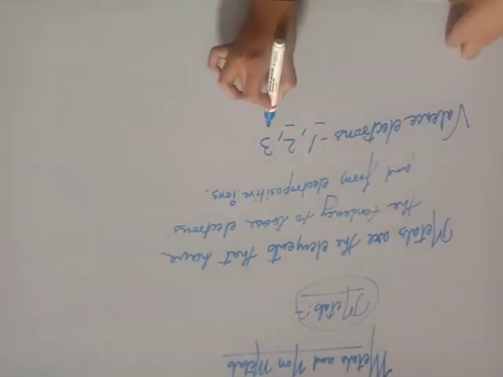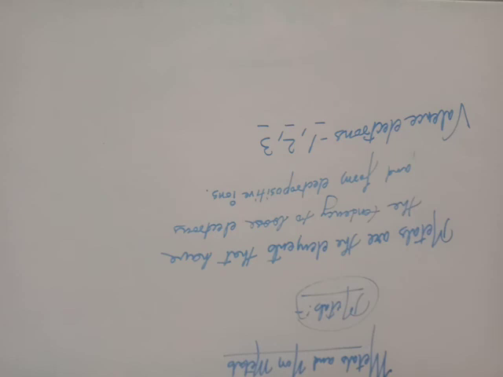So the electrons in the last, outermost orbit are known as valence electrons. And the valence electrons of metals are either 1, 2 or 3. Means metals will have either 1, 2 or 3 valence electrons.